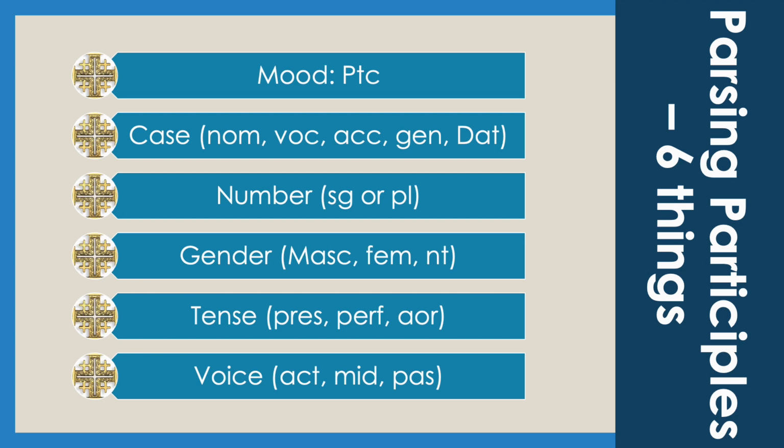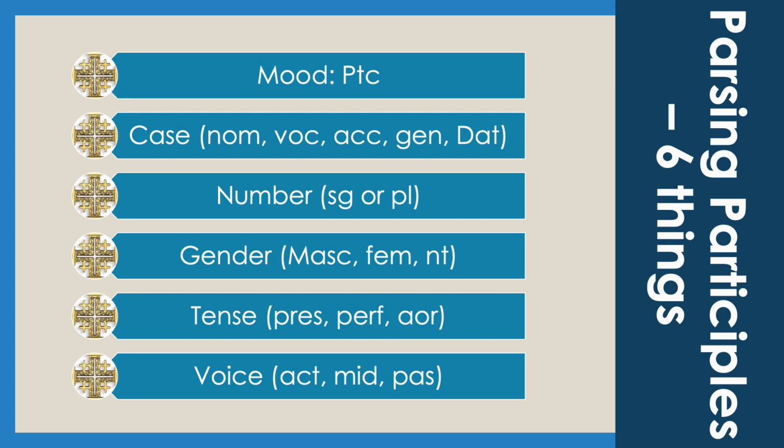That means the charts for how you parse a participle are huge, and there's lots of endings to understand, but you will come to recognize in general what they look like. It can seem with the participle that there's a huge amount to do, but of course for many of us we can simply use parsing software or an app to tell us these different parts.